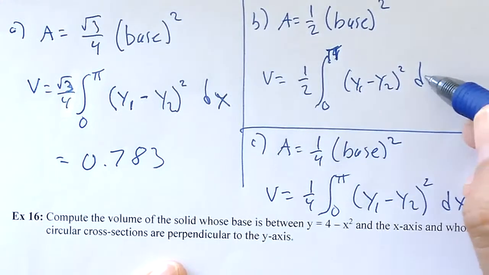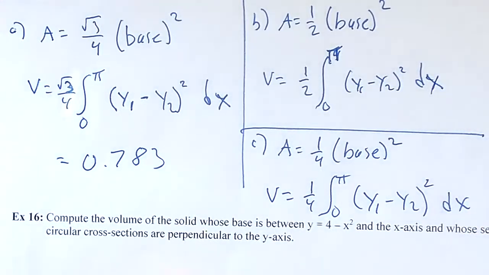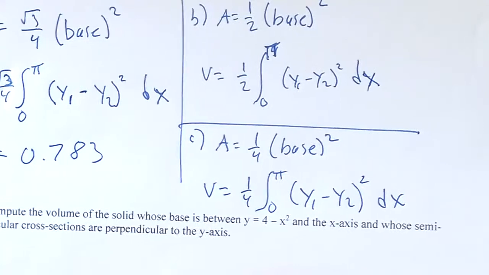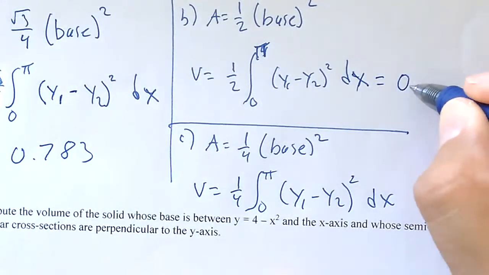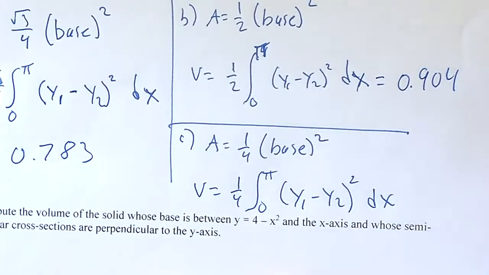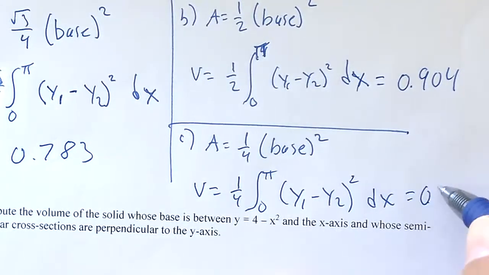I keep putting dy, it should be a dx. So that is the setup for part B and part C. Pop those into the calculator. These should be your answers: 4, 5, 2. Okay. See you mañana.